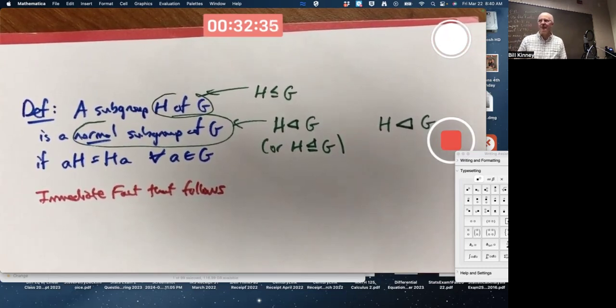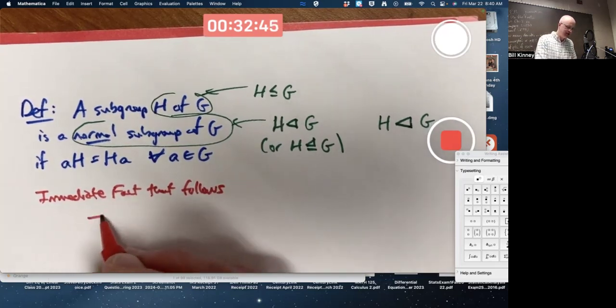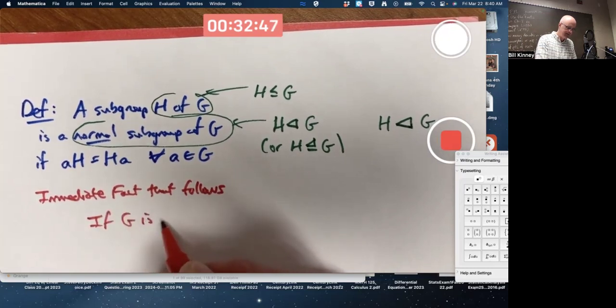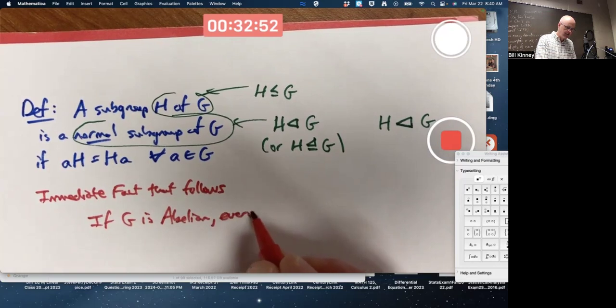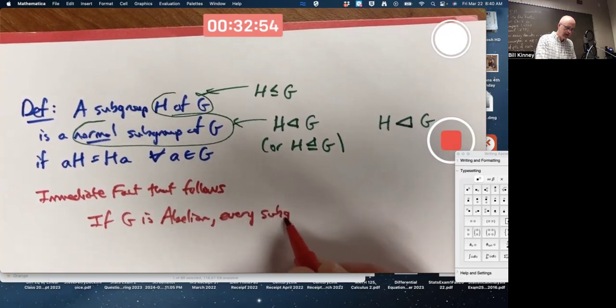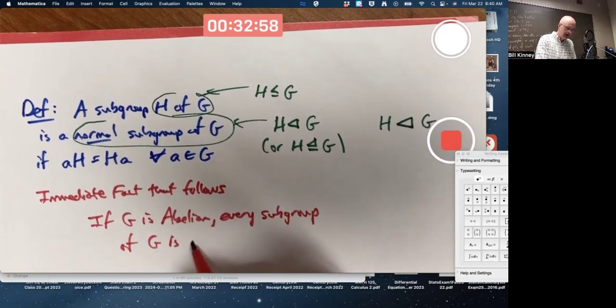The word corollary always goes with theorem, but it's such a quick fact. It's almost a corollary of the definition: if G is abelian, every subgroup is normal. Every subgroup of G is a normal subgroup of G.